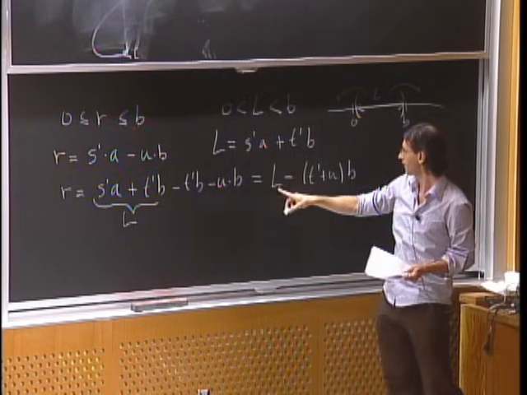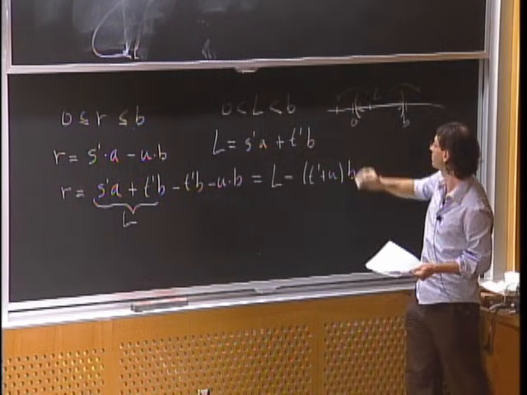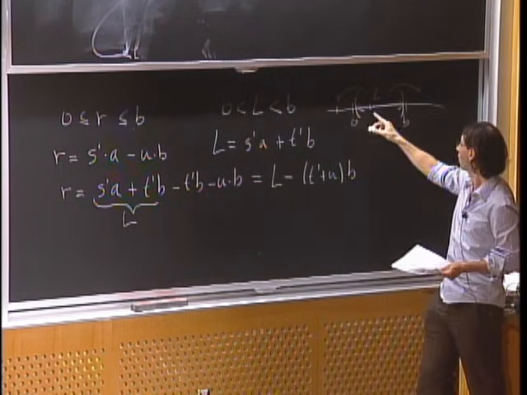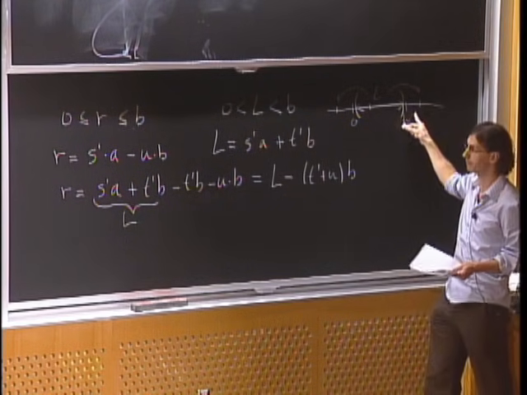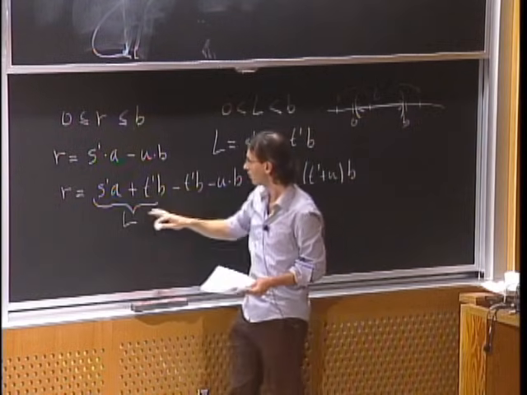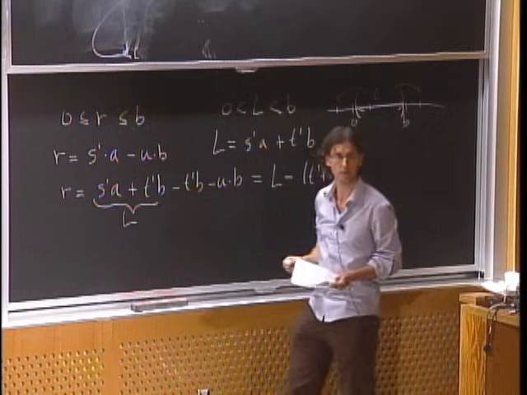So if I suppose L is over here, then L minus B would be over here, which would be negative. Or if I add B, it will be over here, which would be more than B. Now, we know that this is equal to R, but R is in this range. So that's not really possible.